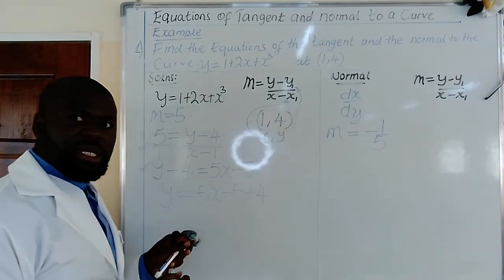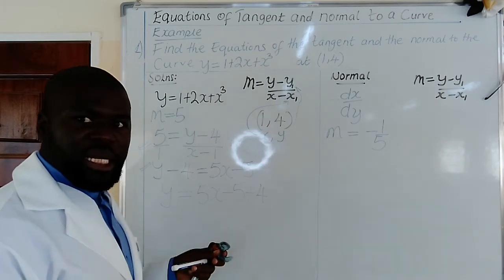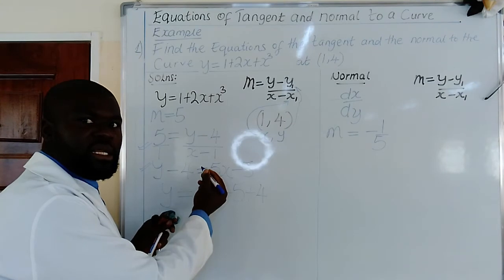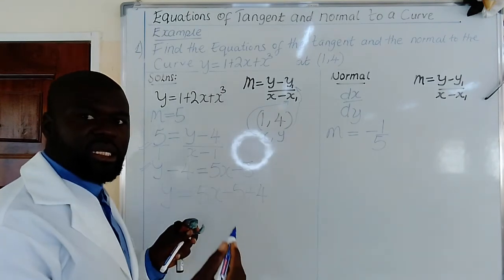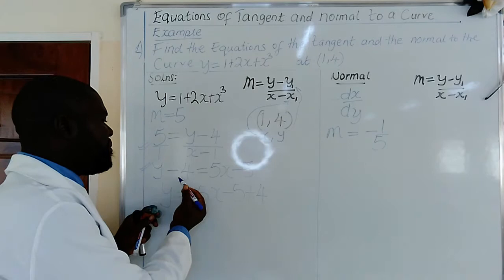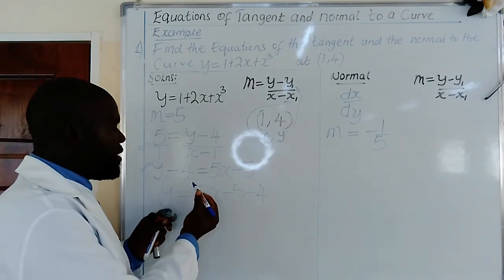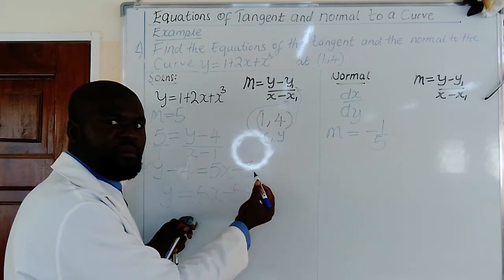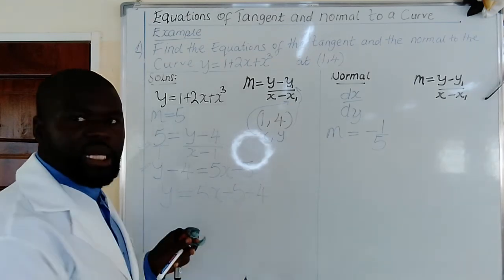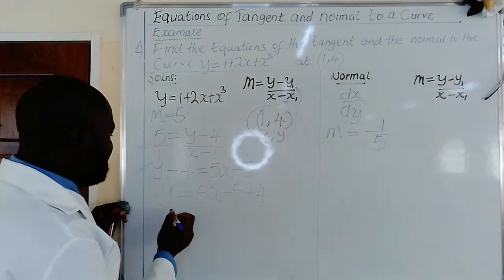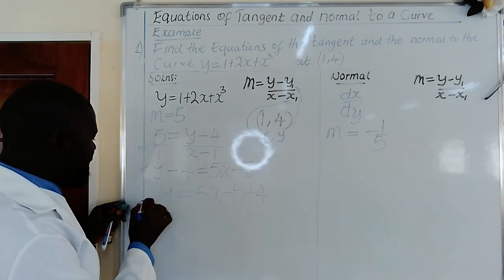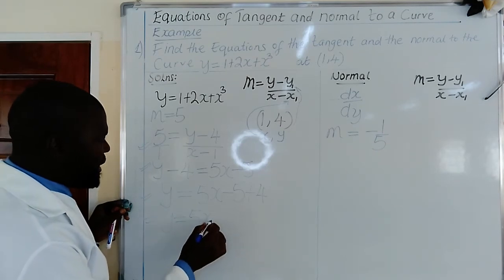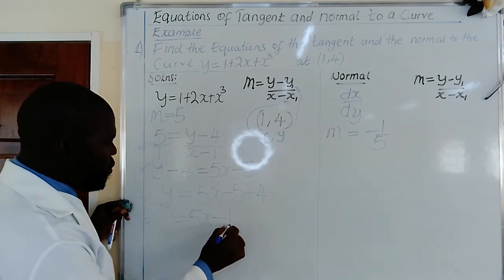In layman's language, we just say when a number crosses the equal sign, it changes its sign. Since we have minus 4, this crosses the equal sign, we shall have it as plus 4. So this is what has happened. So we have y is equal to 5x minus 1.